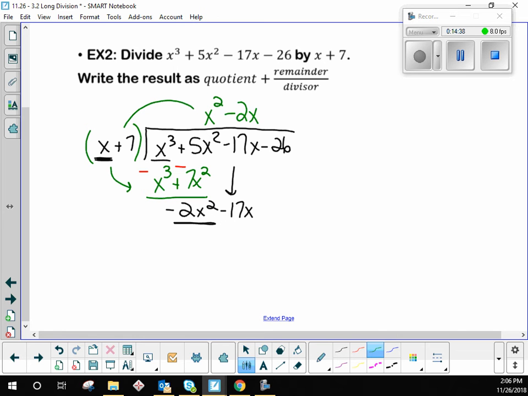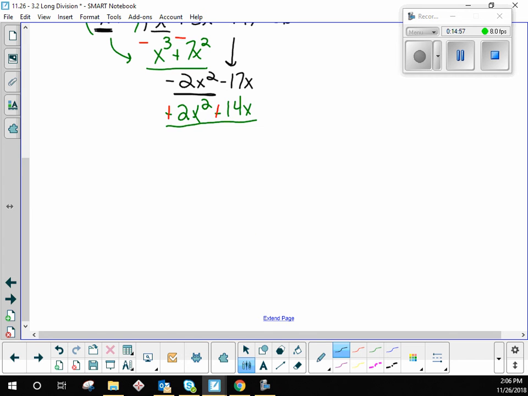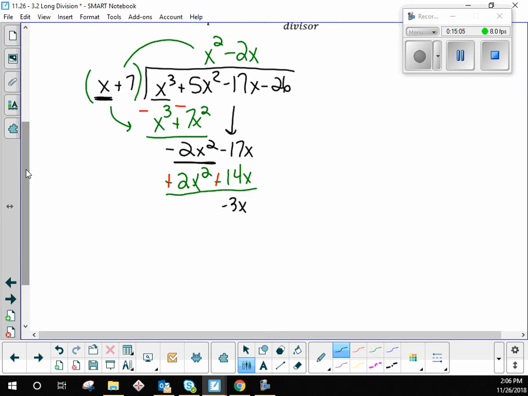Then I take that negative 2x times x plus 7, which gives me negative 2x squared minus 14x. I have to subtract those off, which means change both of their signs. So this becomes a plus plus. The x squareds cancel out. Negative 17 plus 14 is negative 3x. I bring down the next term.